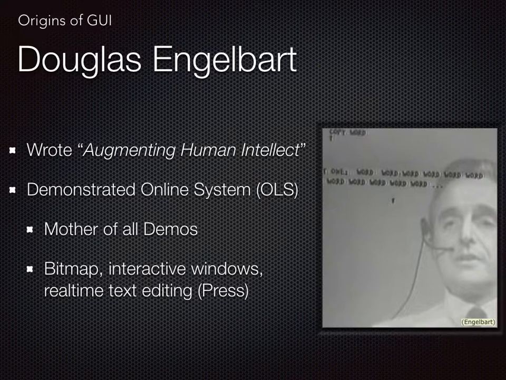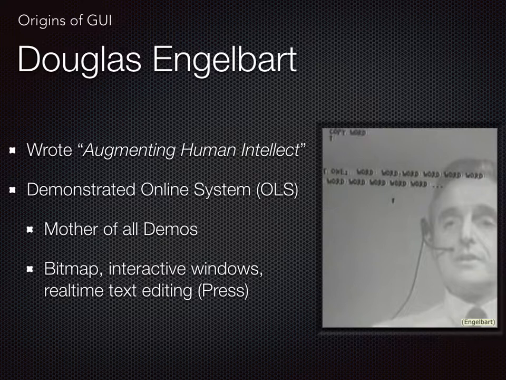These were both possible. In the mother of all demos, he was able to demonstrate bitmap, which is essentially the graphical interface we see. He was also able to demonstrate interactive windows and real-time text editing, which had not been a thing up to this point, and really just give the sense that these sorts of things were possible.